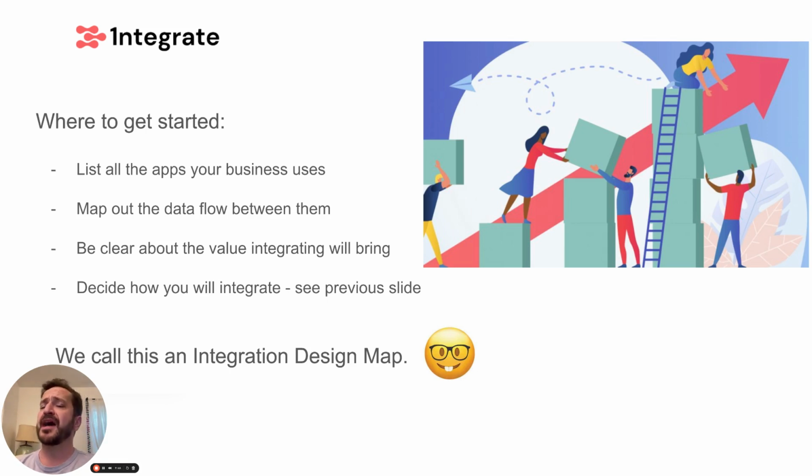The CRM app, the project management app, the accounting app, the HR app, anything that you use, Slack, email, and try to map how they're used, what data flows between them or doesn't flow, or should flow between them, and why. Be very clear on why you want to integrate those apps. Why is that data important to see in the other app? This is a great starting point.